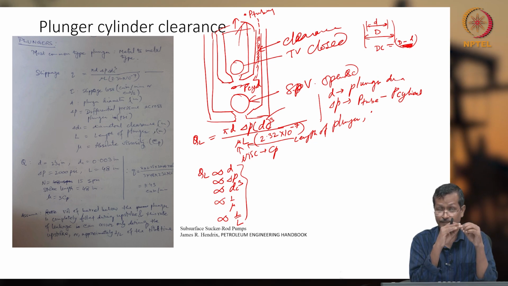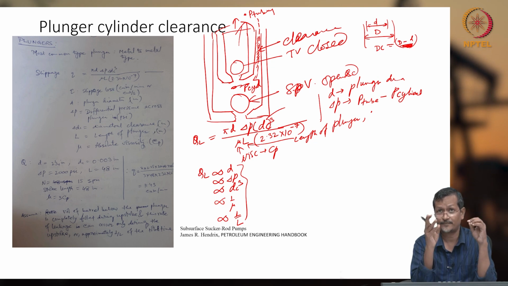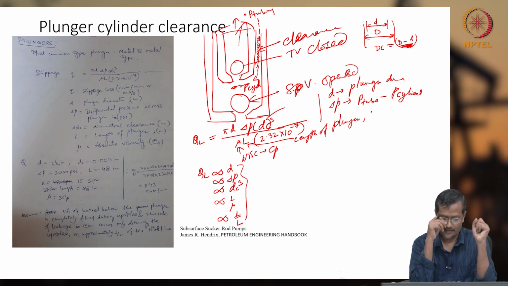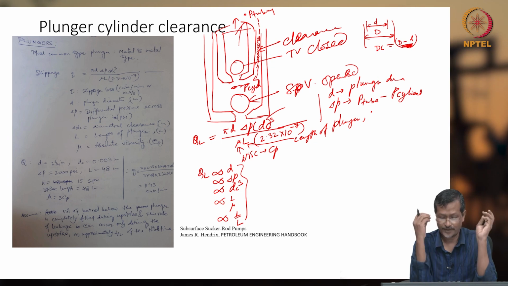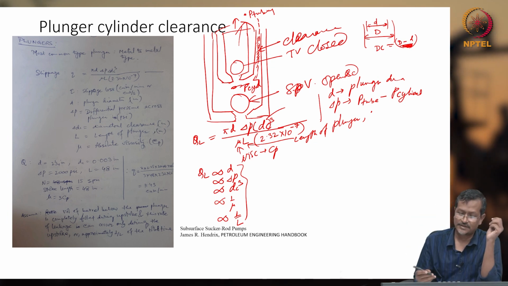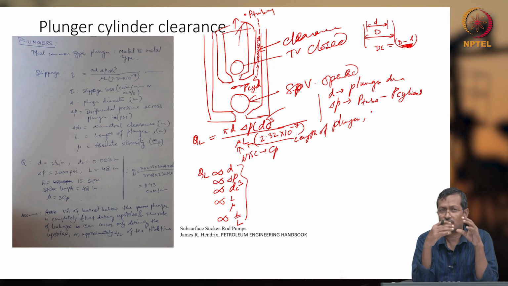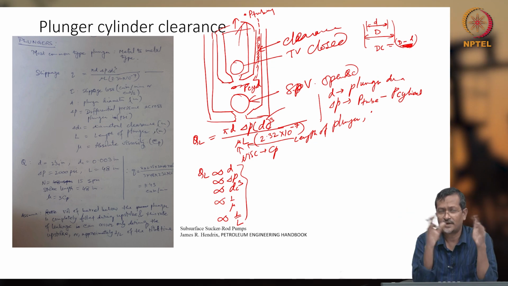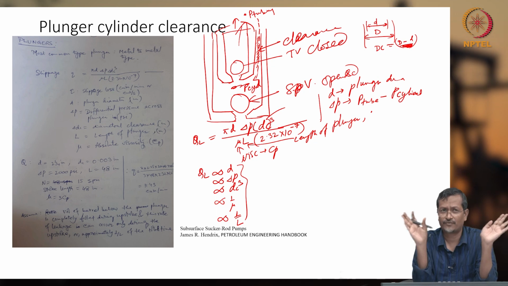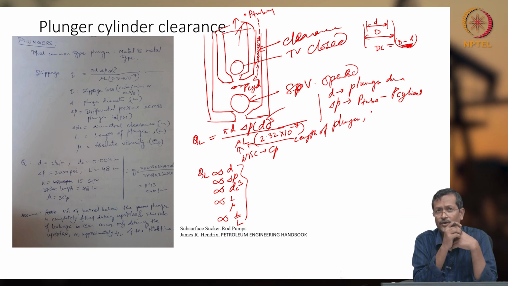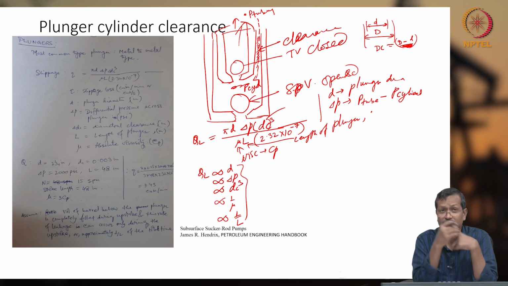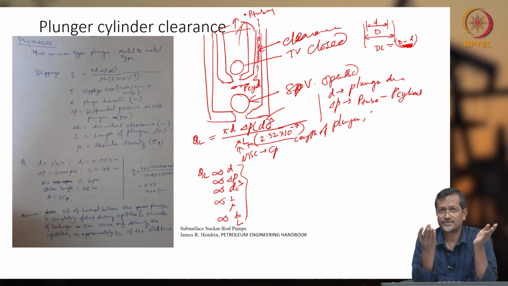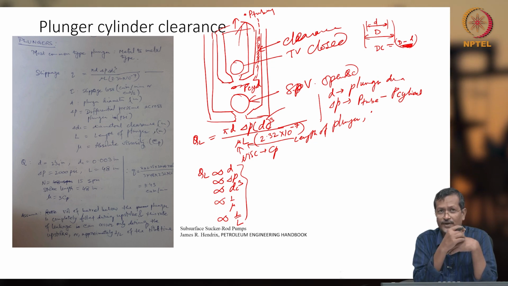If I double the clearance value, leakage will be 8 times more. Viscosity and plunger length are inversely proportional. Normally a plunger need not be very big, but in the oil industry they use plungers of 3 or 4 feet. Why do they make them so long instead of a few inches? Because they want to increase L. If L is longer, your leakage flow rate Q will be lower.